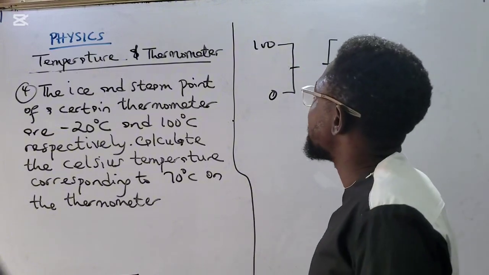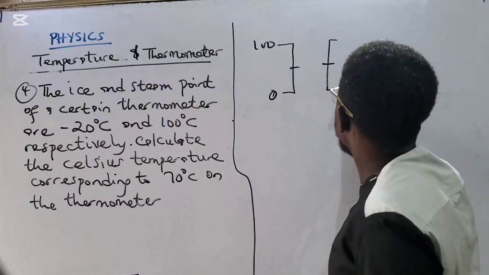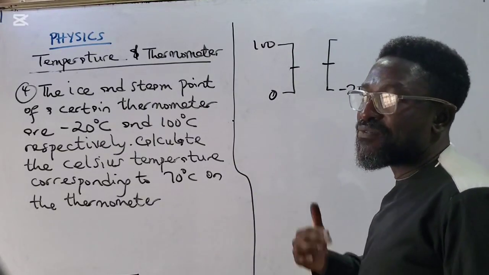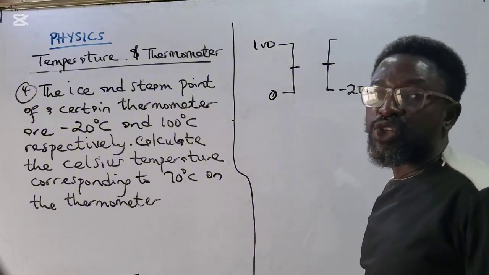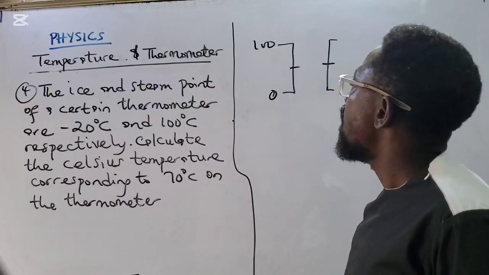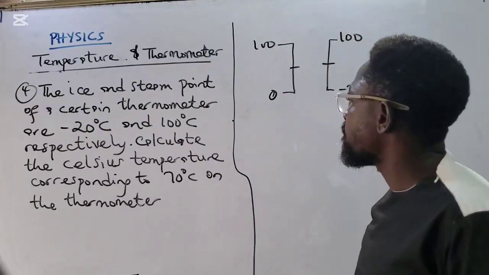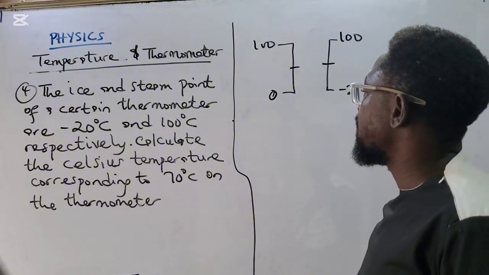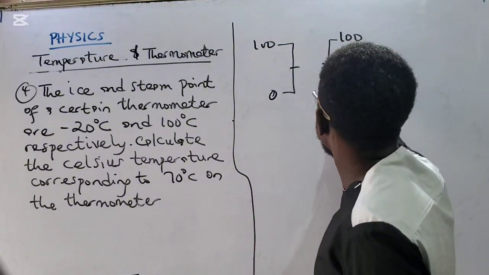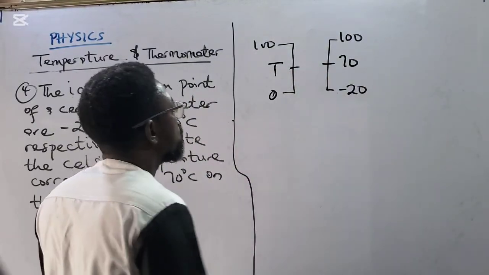So the ice and steam points of the certain thermometer are minus 20 degrees C. Minus 20 corresponds to the ice point, which is also called the lower fixed point, and that's the temperature of pure melting ice at 0 degrees C. And 100 degrees C respectively, that's 100 up here. Calculate the Celsius temperature corresponding to 70 degrees. So this one is reading 70. What would be this temperature this way?